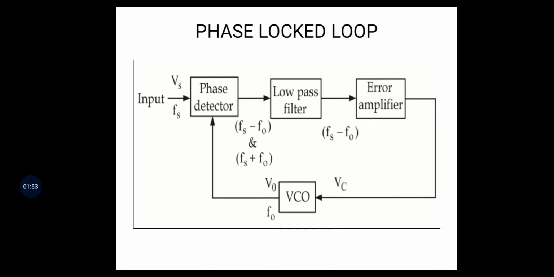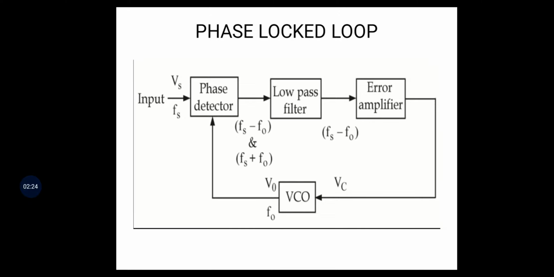This circuit shows the phase locked loop. Here the input signal is the source signal Vs. It has the frequency Fs and goes into the phase detector. The first stage of the phase locked loop is the phase detector.